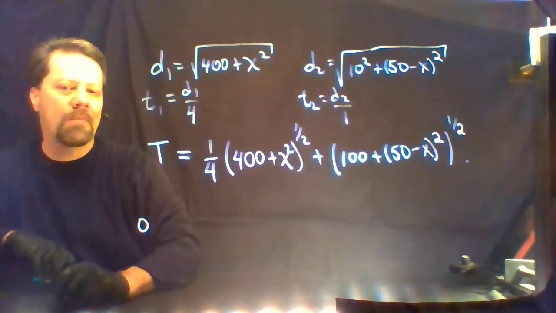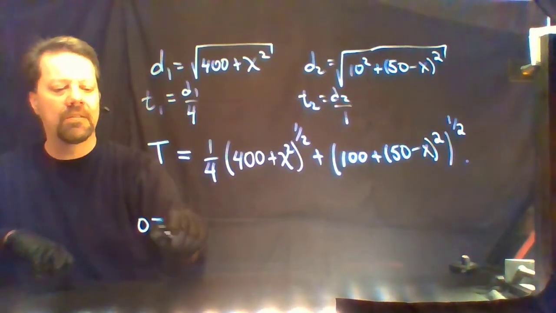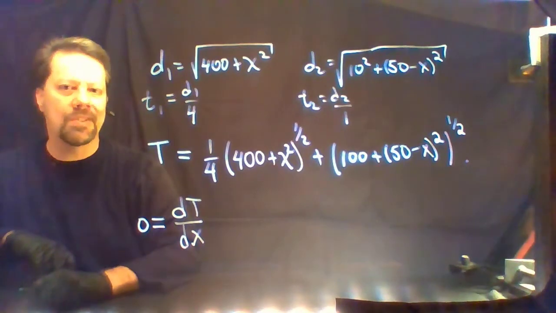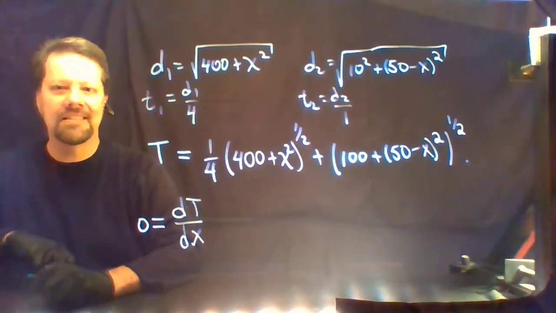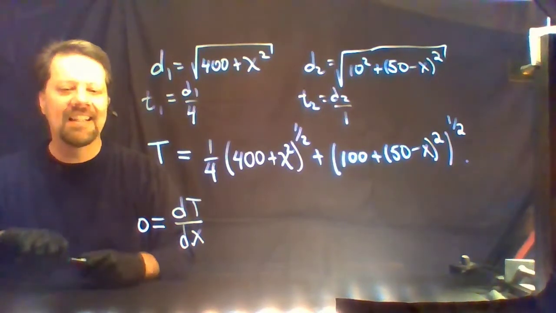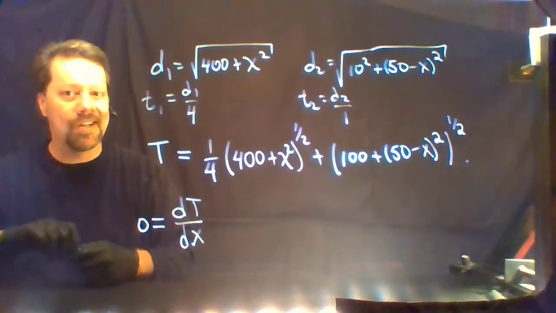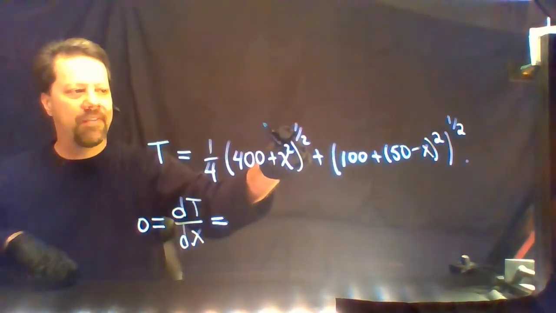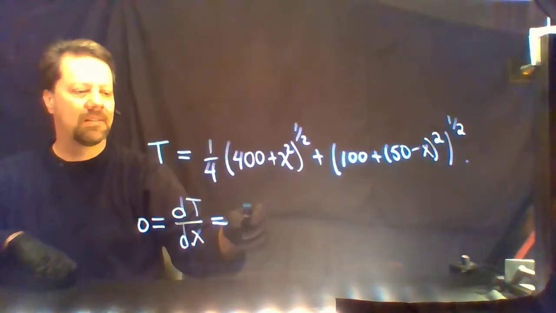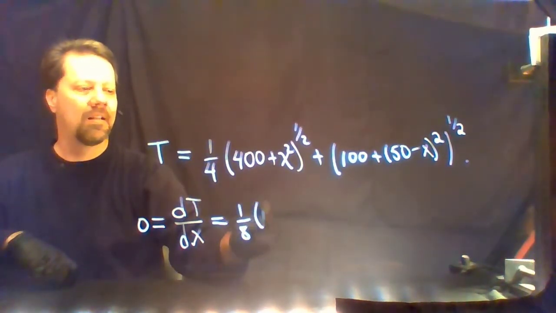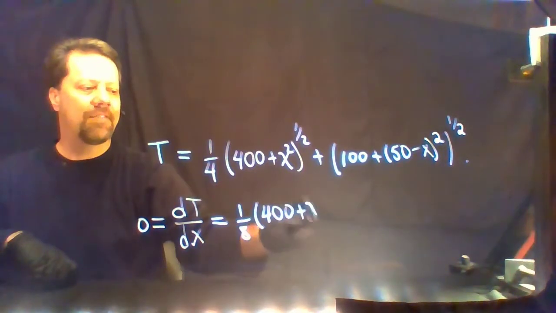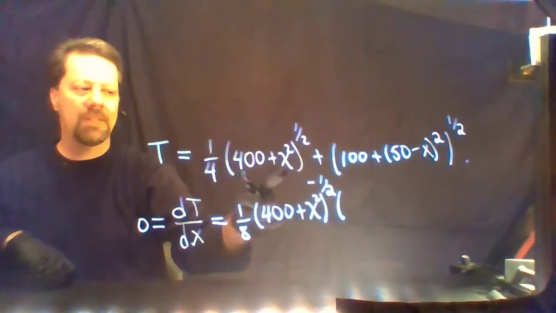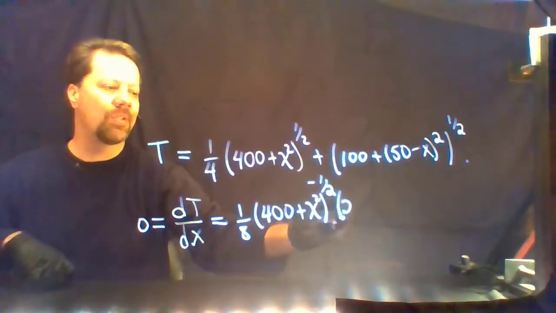To minimize the total amount of time it takes for Fido to retrieve the ball, we need to calculate the derivative of the total time with respect to x, set it equal to 0, and then solve for x. I hope you're realizing that this must be one hyper-intelligent dog. When we take the derivative, we'll bring this power down, leave the inside alone, and subtract 1 from the exponent, but we need to multiply by the derivative of the inside, which is 2x.